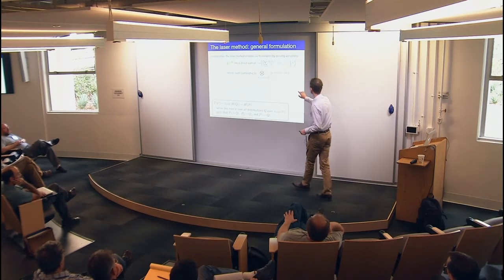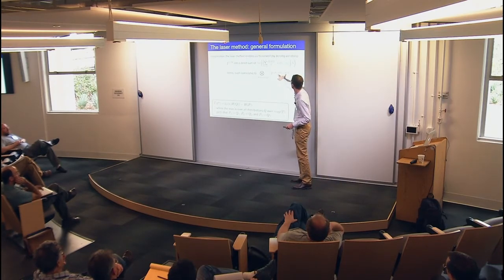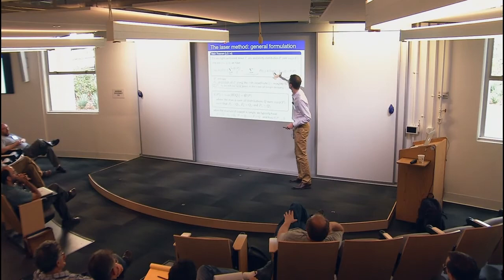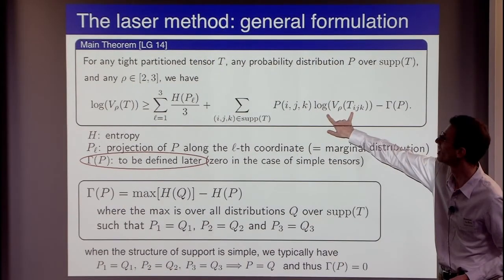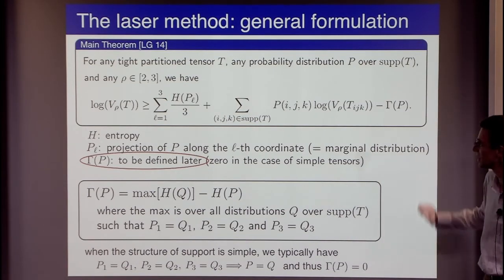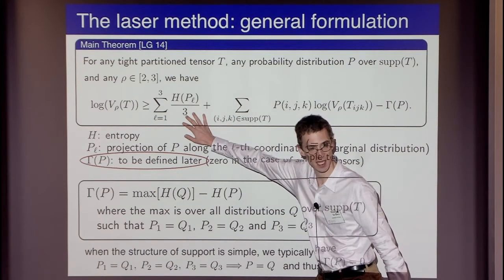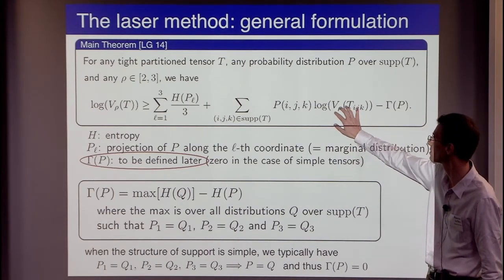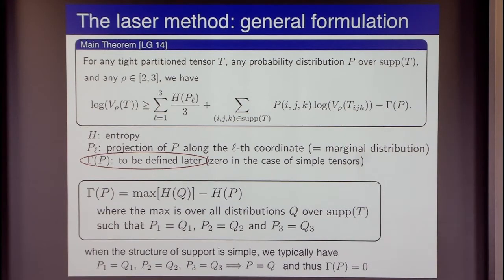Because it may not be optimal for this term. I see, so a lower value. Yes, you're right. So we don't have any penalty. We have the same marginal distribution here, but we may have something smaller here. So you can take Q and then gamma will be 0, but it may give a lower value. Exactly. Yeah. You can take Q, and actually, yes.